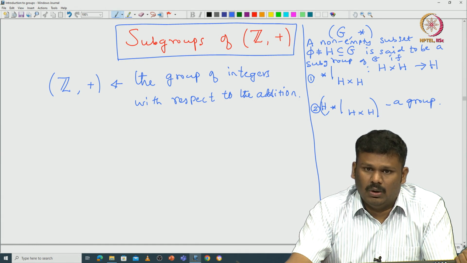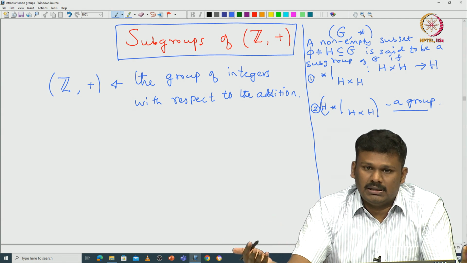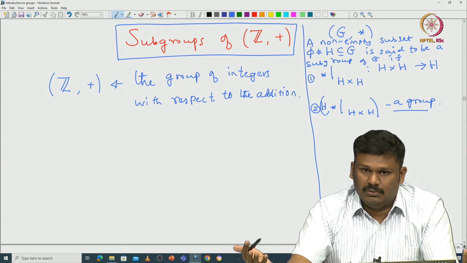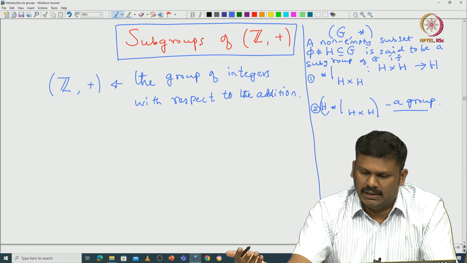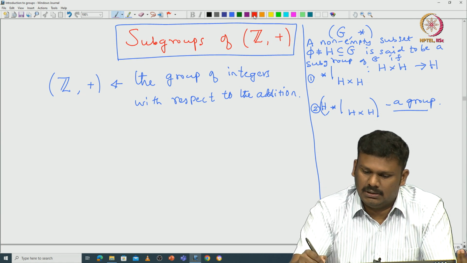Then the inverse of any given element of H should be there inside H. With respect to H and with respect to G there are two inverses you can possibly think of, but because star is a restricted map, the inverses of H as well as of G coincide. That is also something you can take as an exercise.